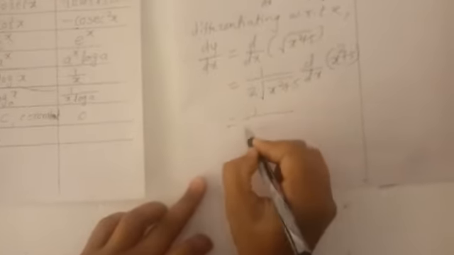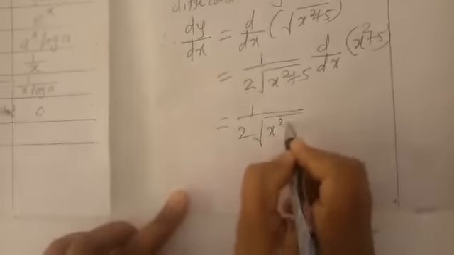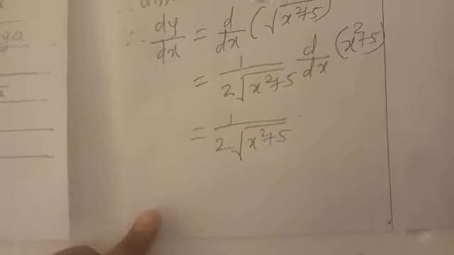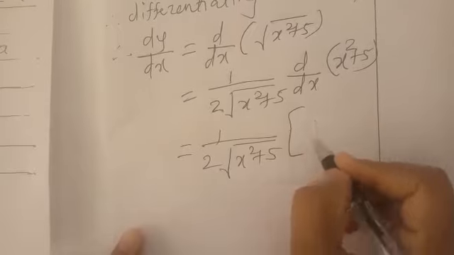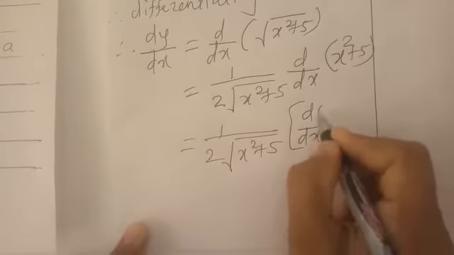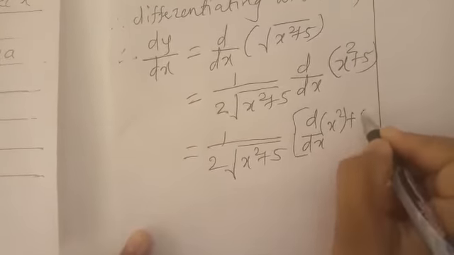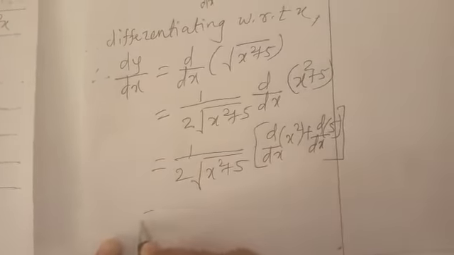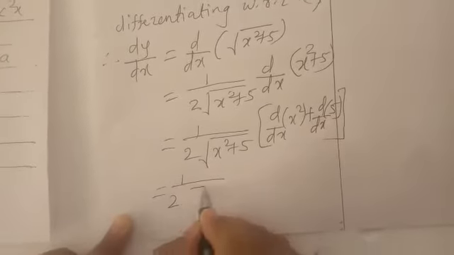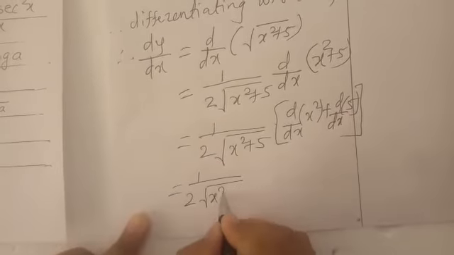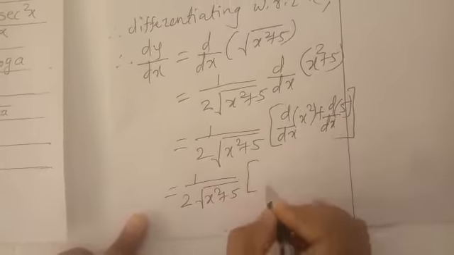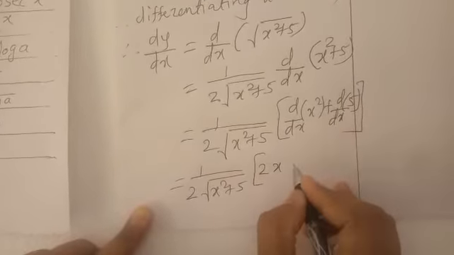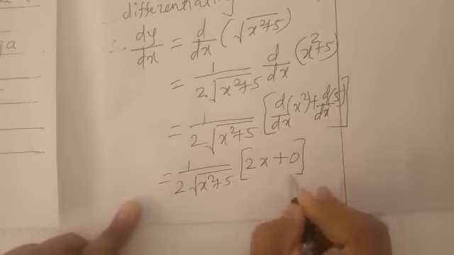1 upon 2 root x square plus 5 as it is, and again we have to take the derivative of x square plus 5. Therefore d by dx of x square plus d by dx of 5. 1 upon 2 in root x square plus 5, and derivative of x square, it means 2x, and 5 is a constant term, therefore its derivative is 0.